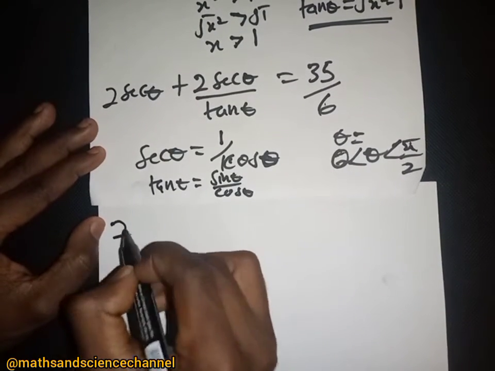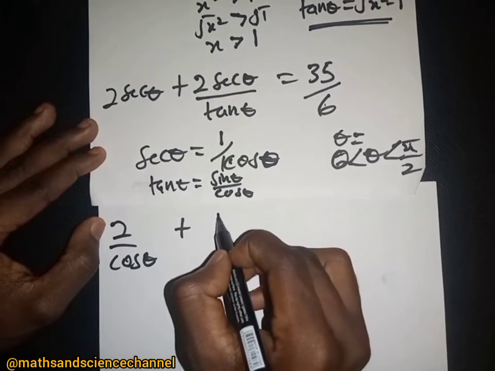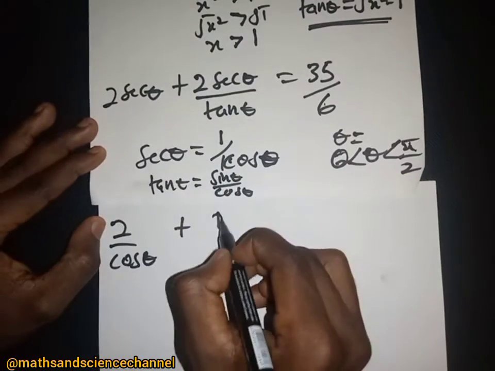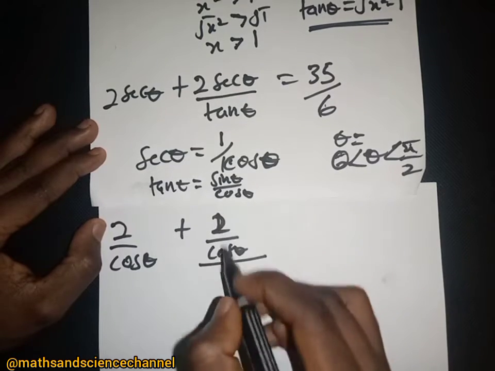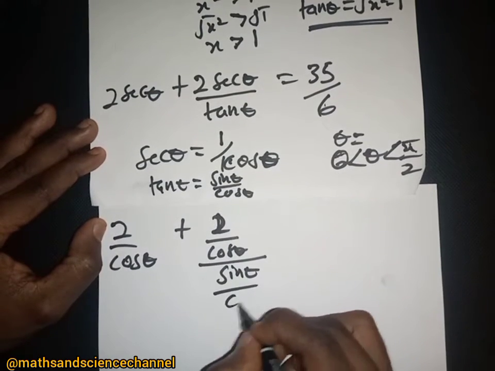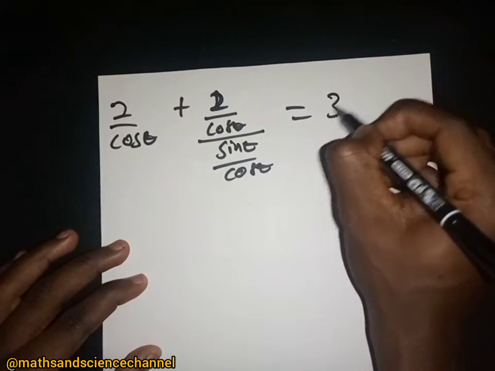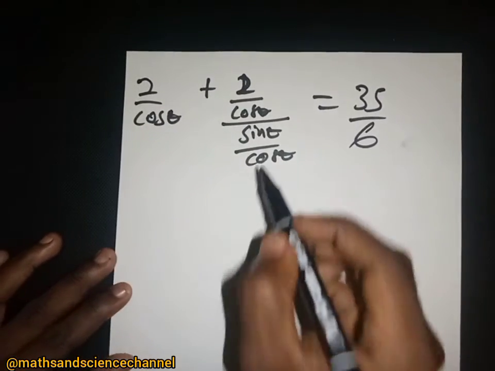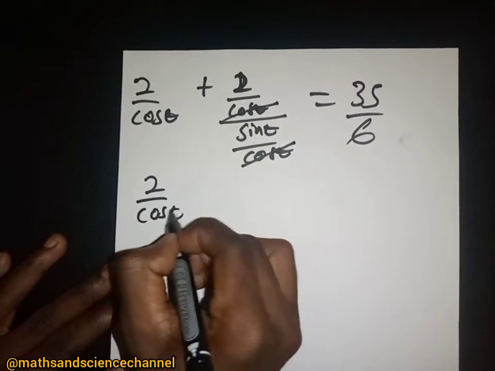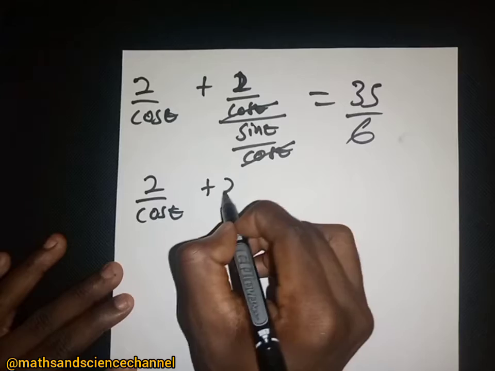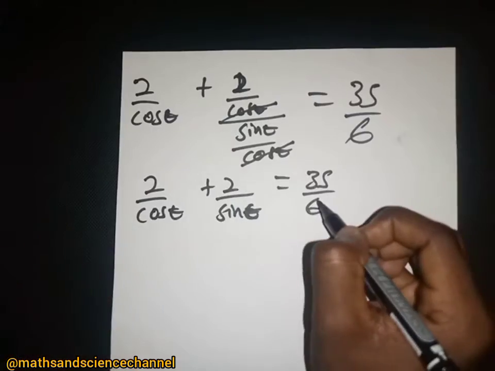We have 2 over cos theta, then plus 2 over cos theta, and this whole thing is divided by sin theta over cos theta, and this is equal to 35 divided by 6. Now cos theta gets rid of cos theta. We are left with 2 cos theta plus 2 sin theta being equal to 35 divided by 6.